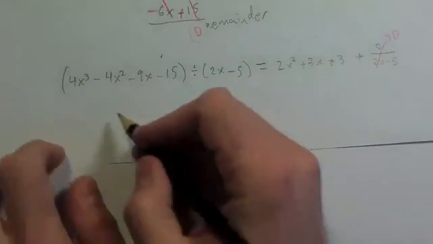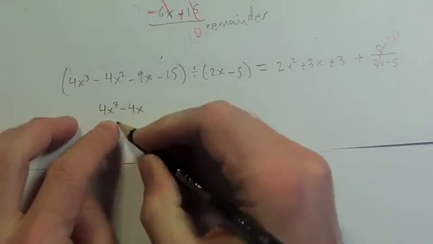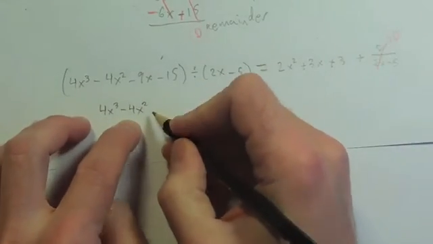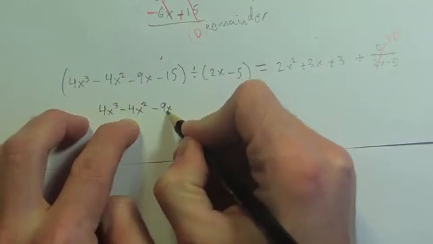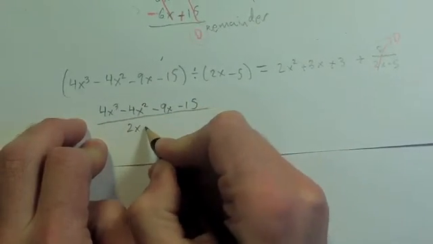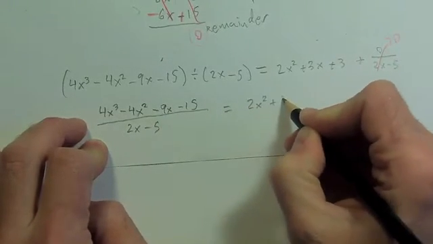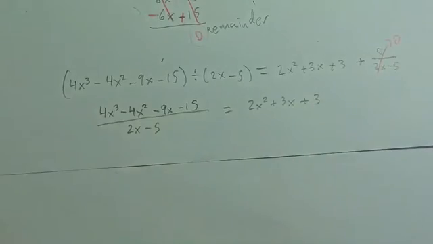So if we rewrite this as a fraction, 4x cubed minus 4x squared minus 9x minus 15 all over 2x minus 5 is equal to just 2x squared plus 3x plus 3.